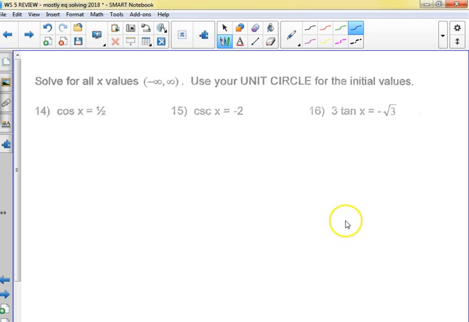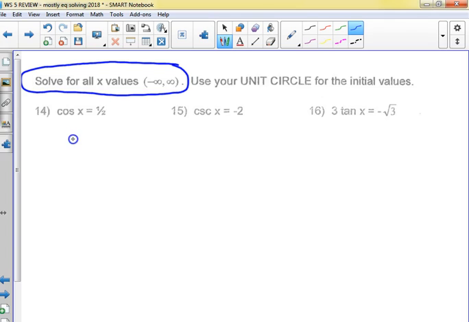All right, so 14 says cosine is 1/2. If I put that on the quiz, and these were the directions, how would you find the answers? All these need to be in radians.